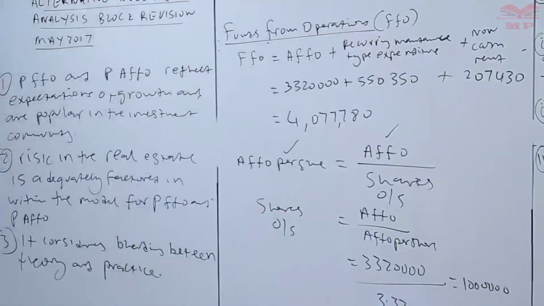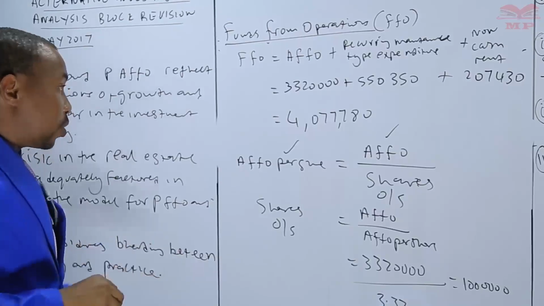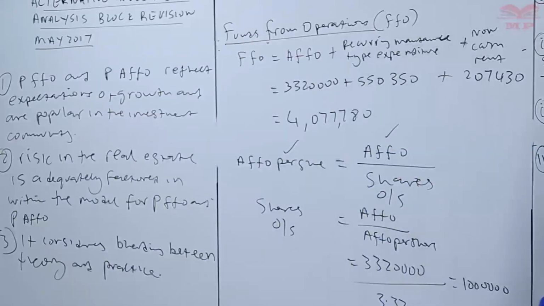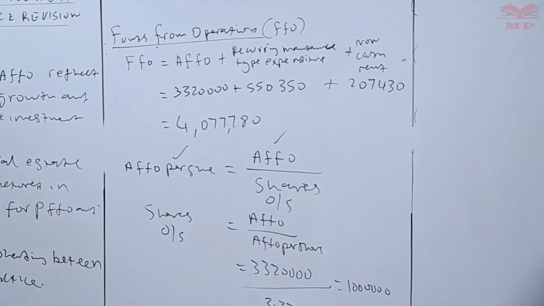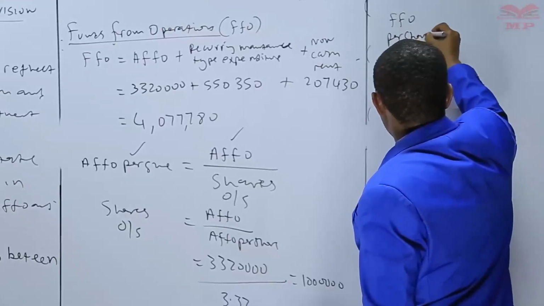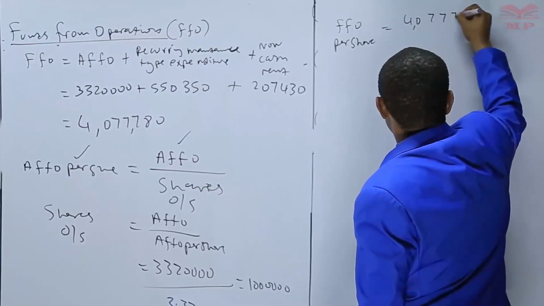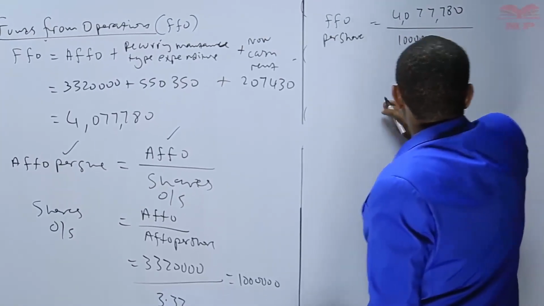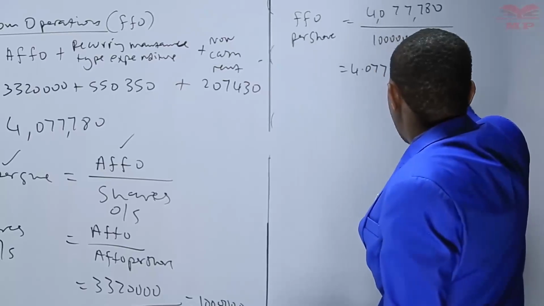It's good to always confirm: 3,320,000 divided by 3.32 gives 1 million shares, and those 1 million shares are what we divide the FFO against. So FFO per share is given as 4,077,780 divided by 1 million, which is about 4.077 per share.